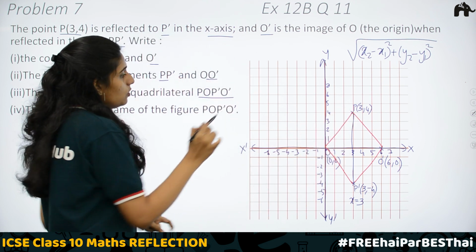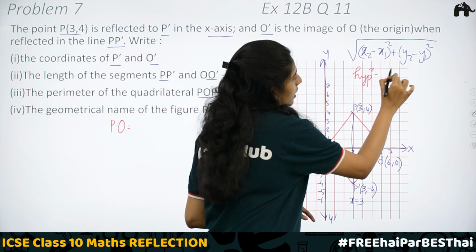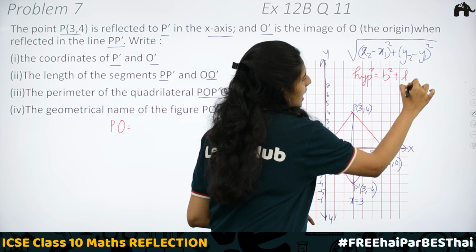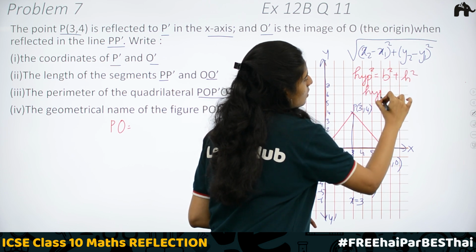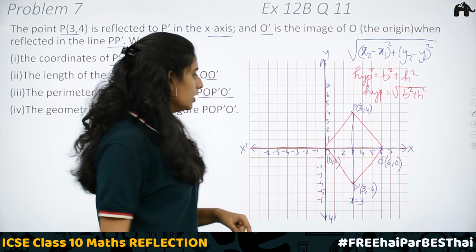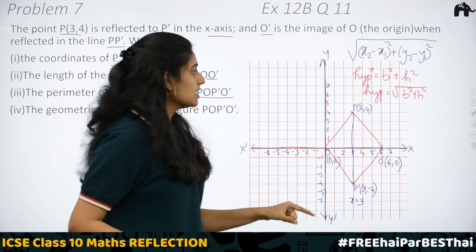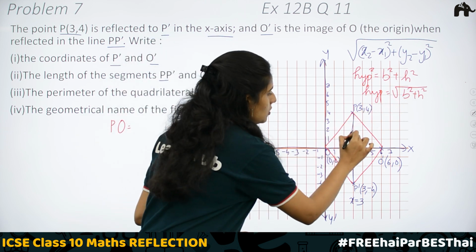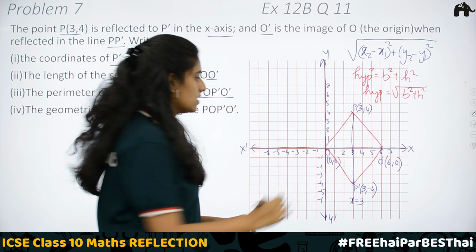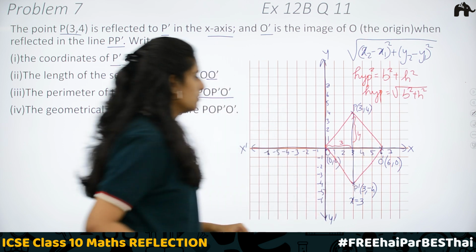Yes. So, how to get it? We have hypotenuse square is equal to base square plus height square, which means hypotenuse is equal to root of base square plus height square. Okay. Here base is 1, 2, 3, 3 units. What about height? 1, 2, 3, 4. 4 units. We have base 3 units and height 4 units.